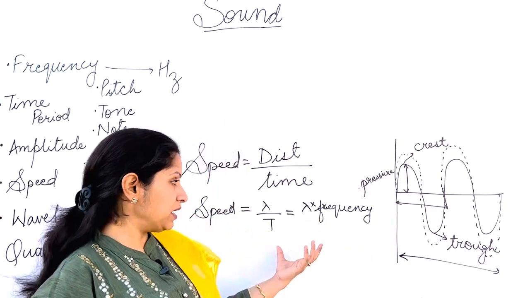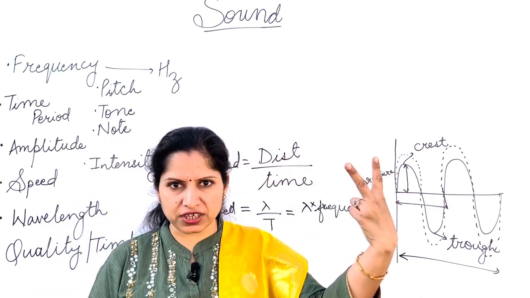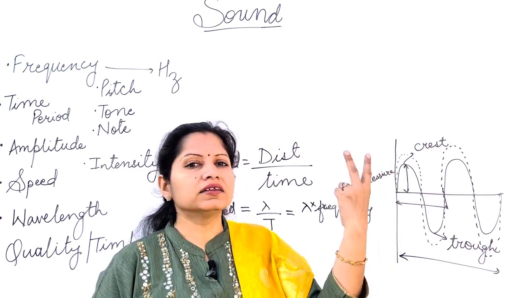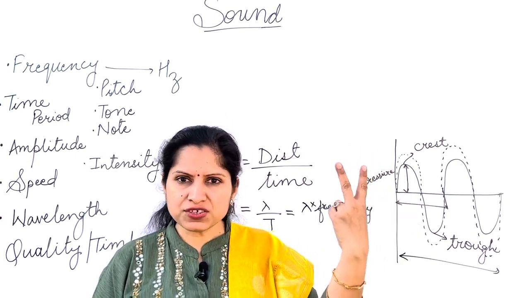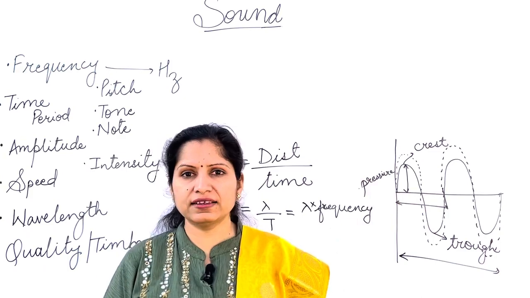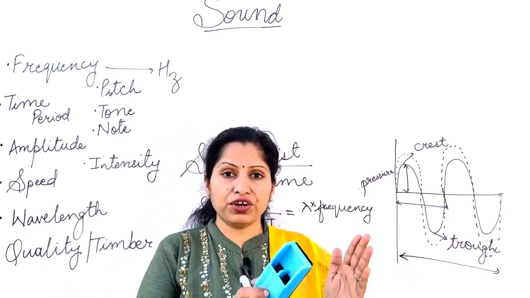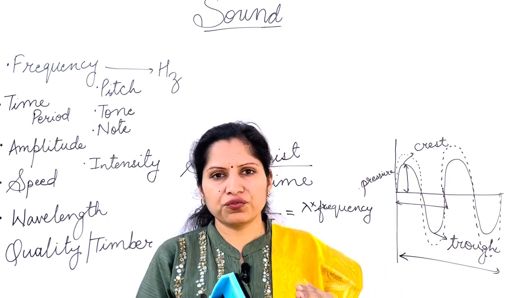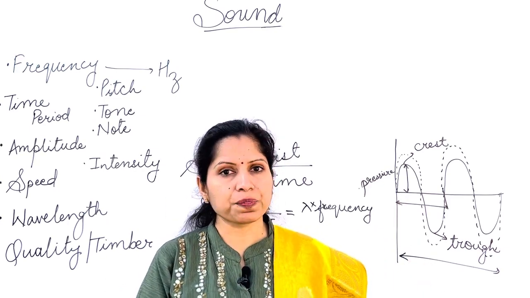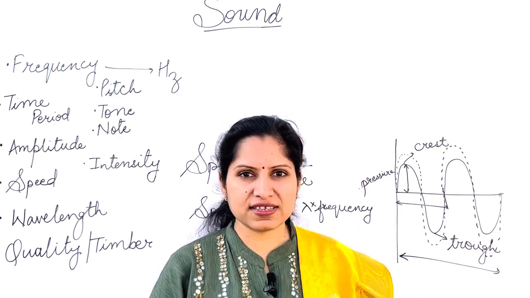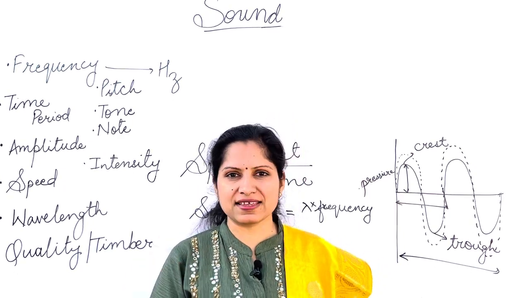The speed of sound depends on two things: the medium and the temperature. So the speed of sound is going to be different for different media and for different temperatures. Speed of sound is maximum in solids and minimum in gases.